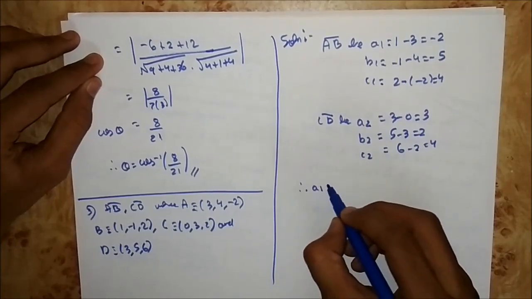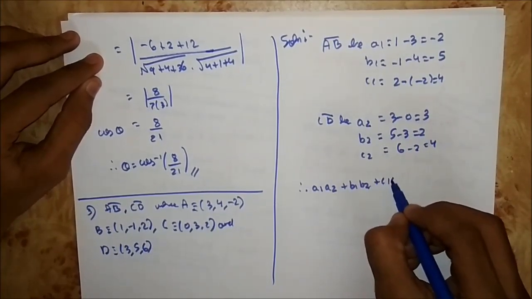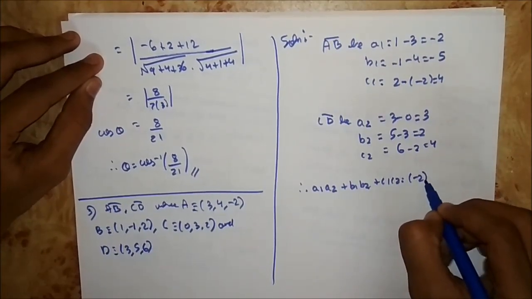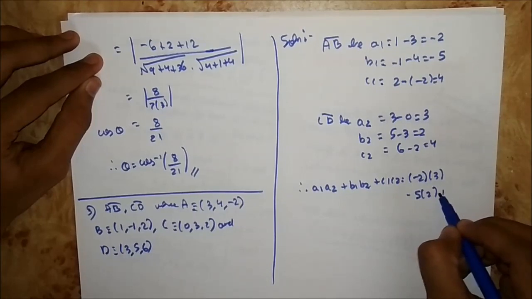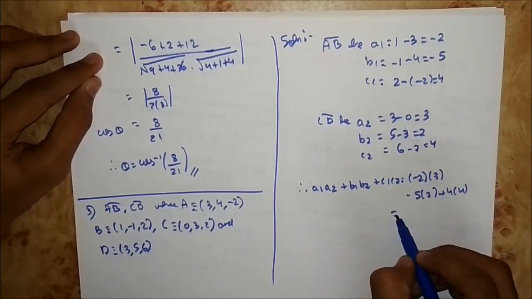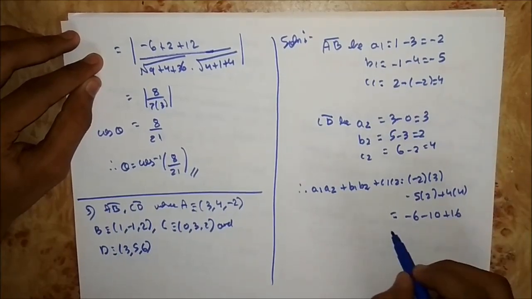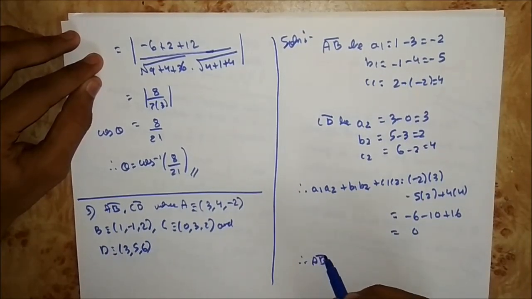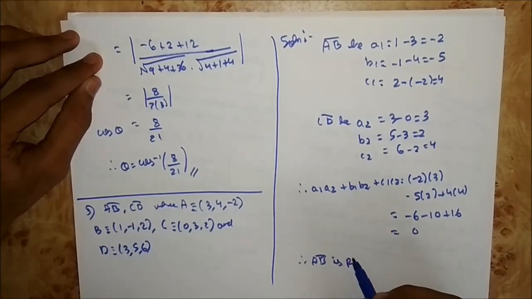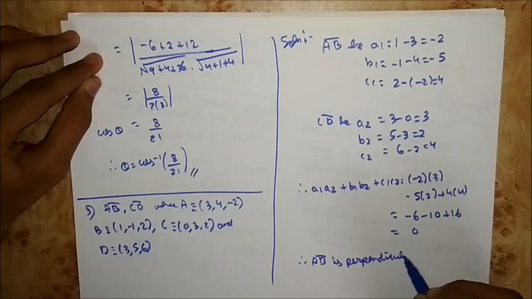Therefore, A1 A2 plus B1 B2 plus C1 C2 is equal to minus 2 into 3 minus 5 into 2 plus 4 into 4. The answer is minus 6 minus 10 plus 16 is equal to 0. Therefore, AB is perpendicular to CD.